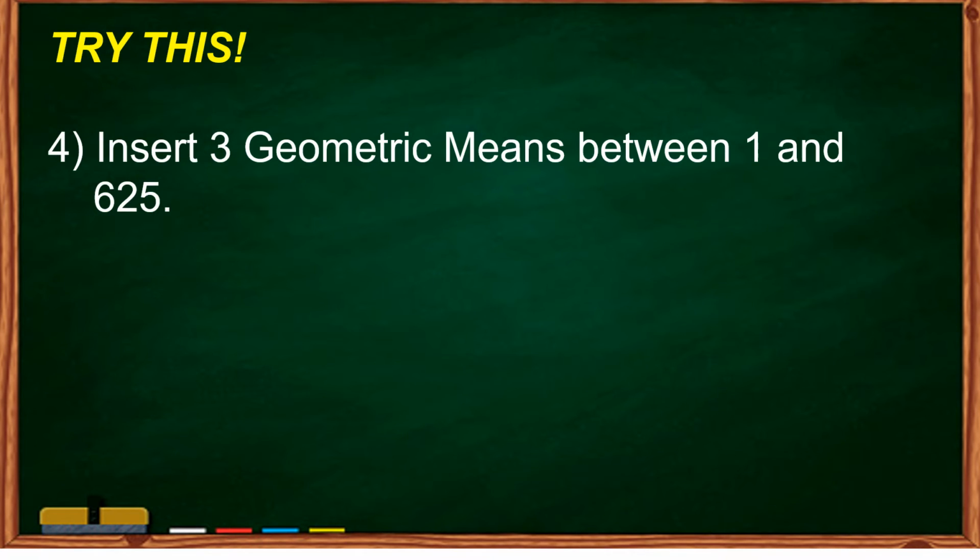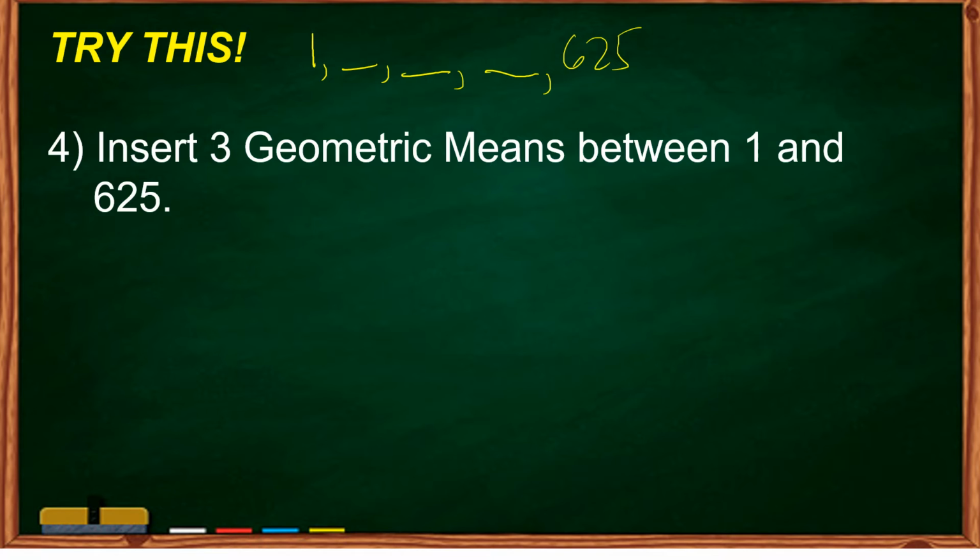Okay, so let us try to consider the fourth problem. Insert three geometric means between 1 and 625. It means that we are going to insert three terms between 1 and 625. So we have the first term, second term, third term, fourth term, and the last term, 625.